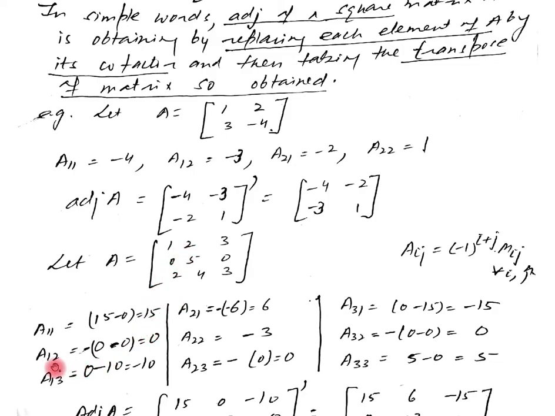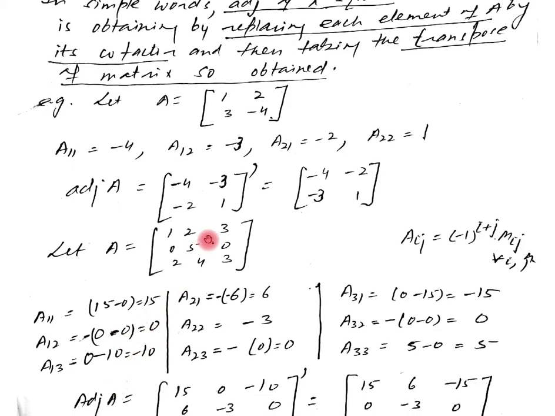Here the sum is odd, so we take the negative sign. Hiding this row and this column, by cross multiplication, 0 into 3 is 0 and 2 into 0 is 0. We get 0. Then A13. Hiding this row and this column, by cross multiplication we get 0 minus 10, equal to minus 10.